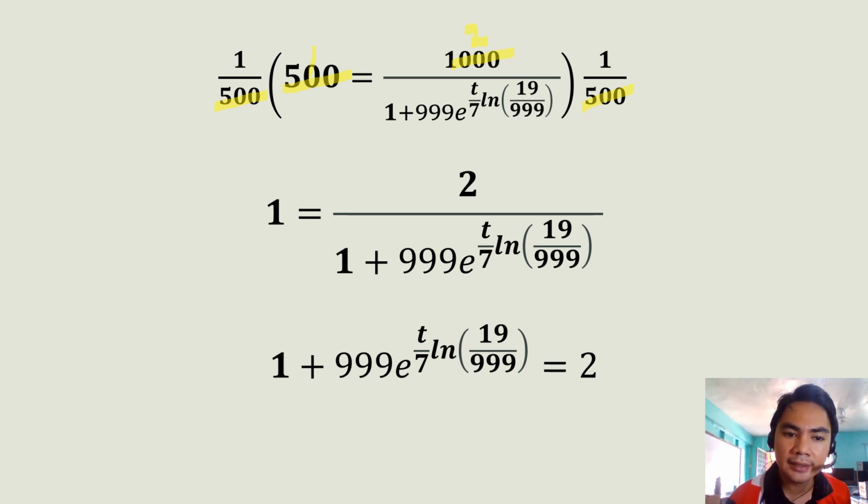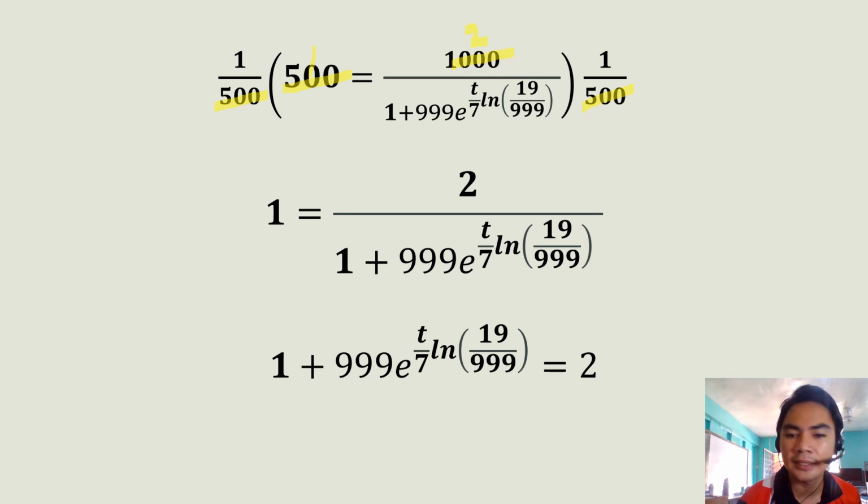So let's multiply both sides by the denominator of the right side. So it will become 1 plus 999 e raised to t over 7 ln 19 over 999 is equal to 2.